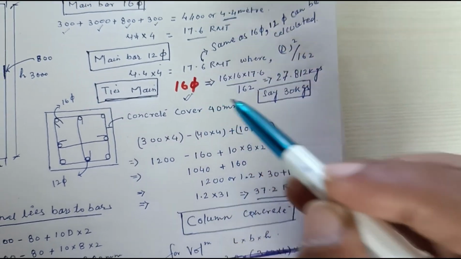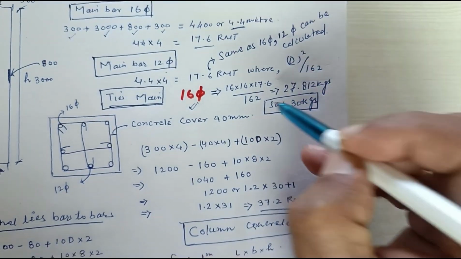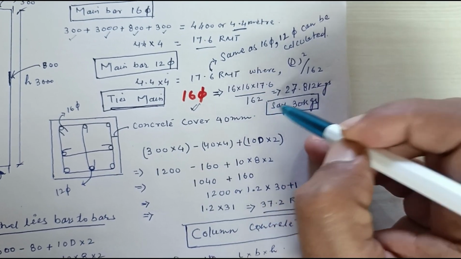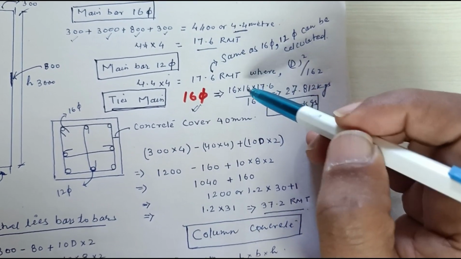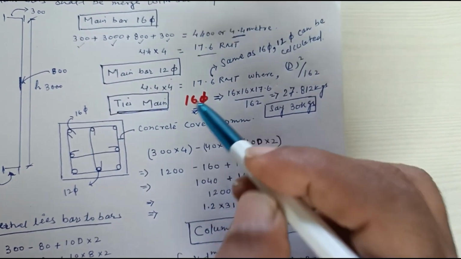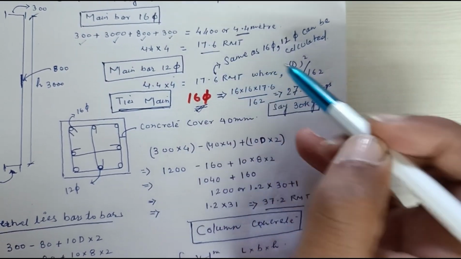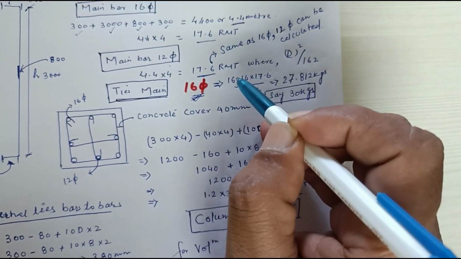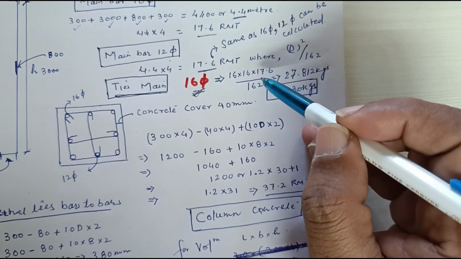30 kgs you require for 16 mm dia, and the calculation would be the same for 12 mm. I have calculated for 16 mm, you can calculate for 12 mm also. Because the length is same, the calculation will be also same.